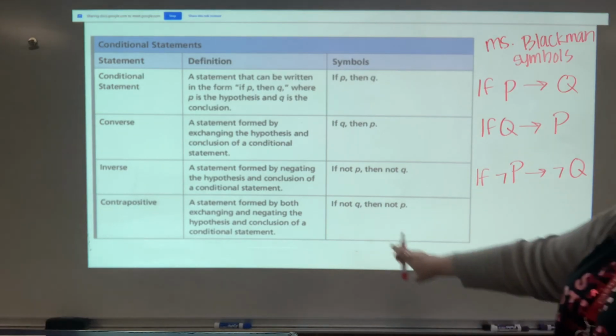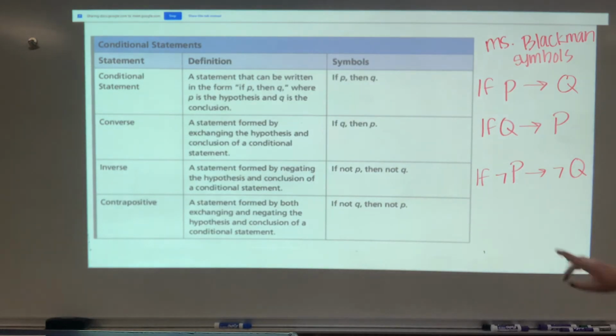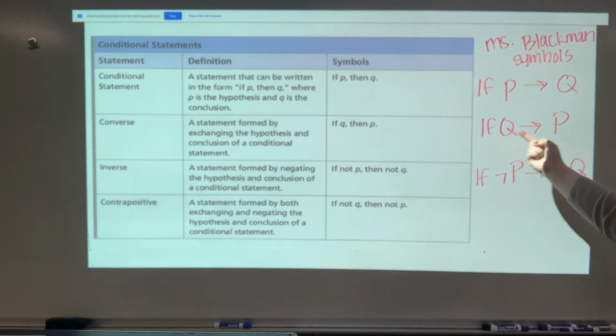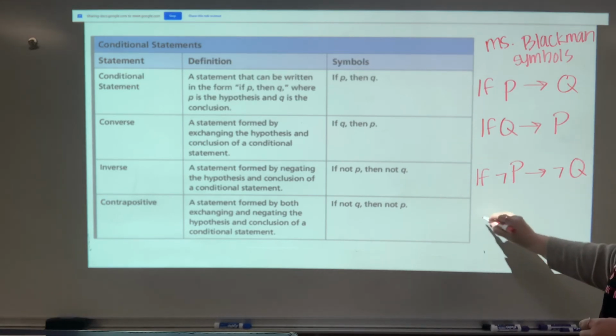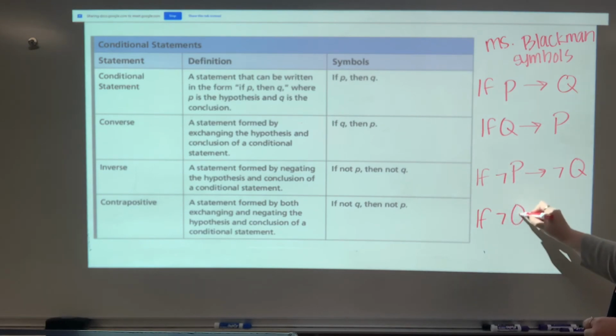So it says, if not Q, then not P. The contrapositive says switch your conclusion and hypothesis, kind of like what we did in the converse, and then negate it. So the contrapositive would be, if not Q, then not P.